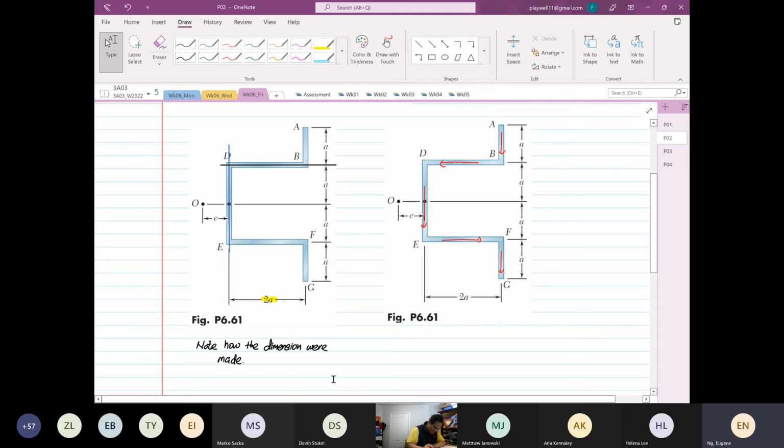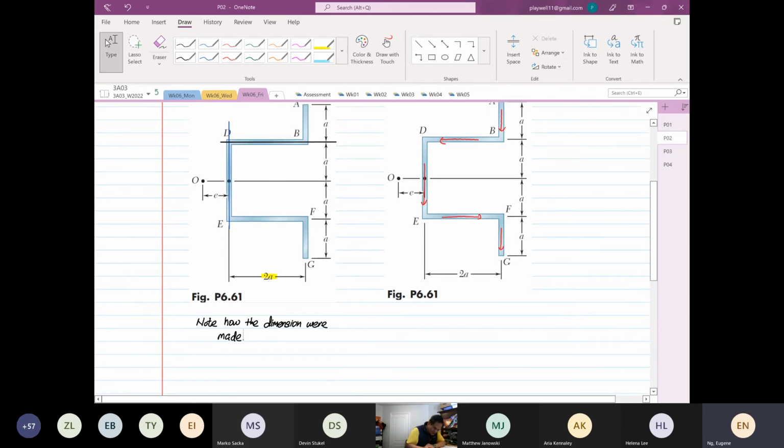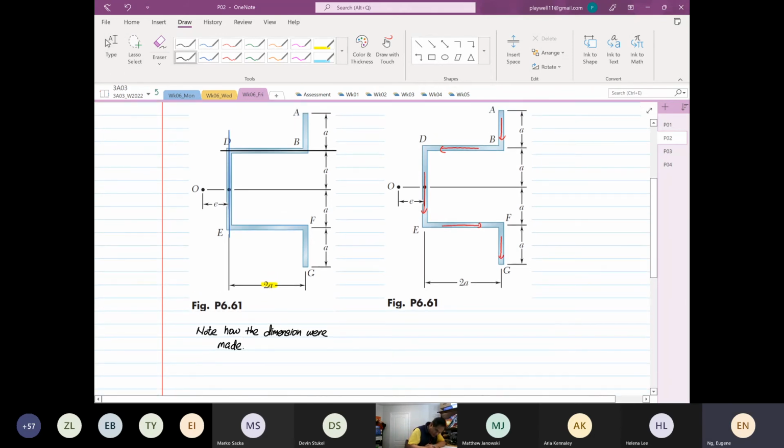And then the next one is, no, not design, determine the flow of the shear force.